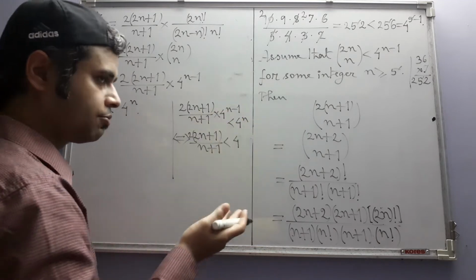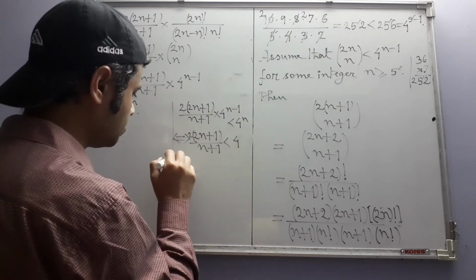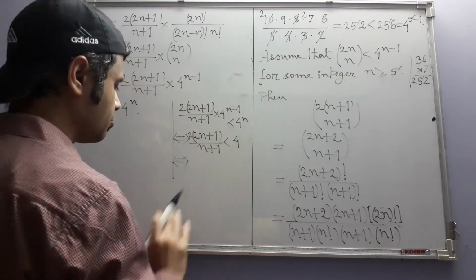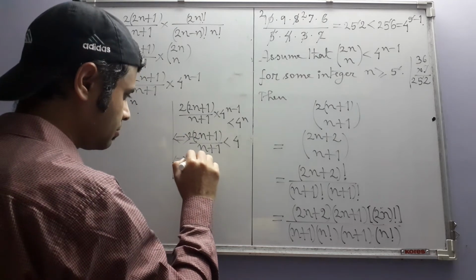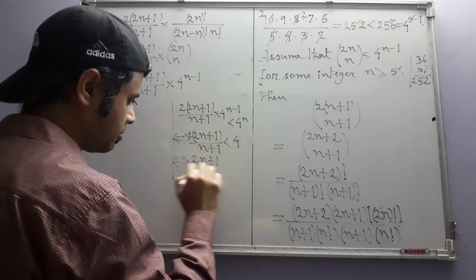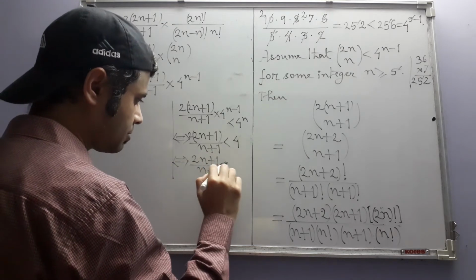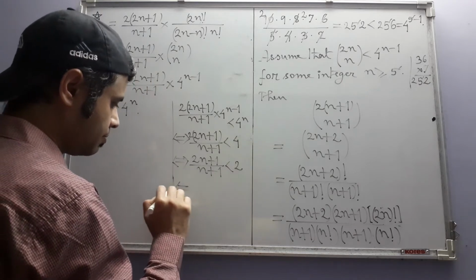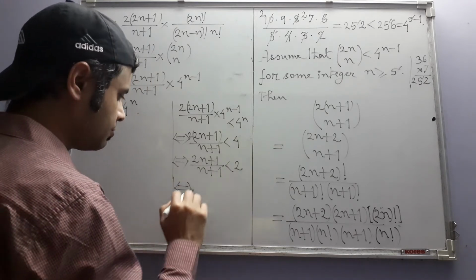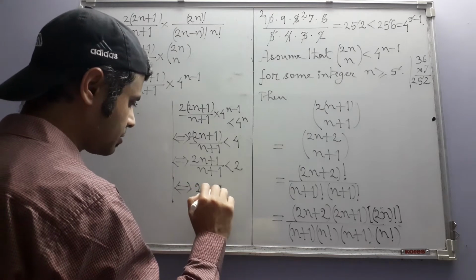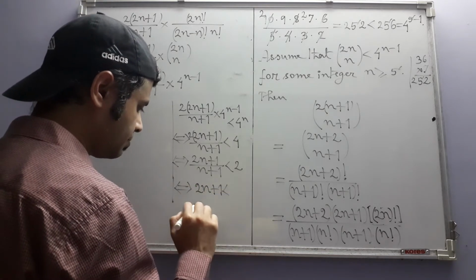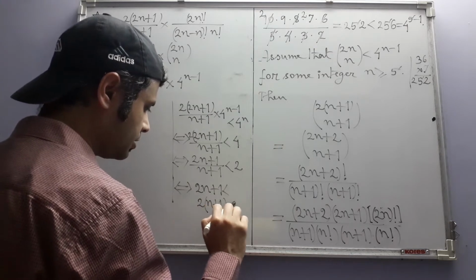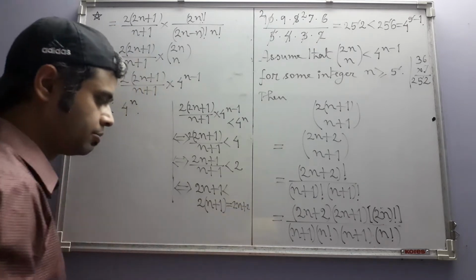You can cancel 4 to the power n minus 1 from both sides. And this is true if and only if 2n plus 1 divided by n plus 1 is less than 2, which in turn is true if and only if 2n plus 1 is less than 2 times n plus 1, which is nothing but 2n plus 2.